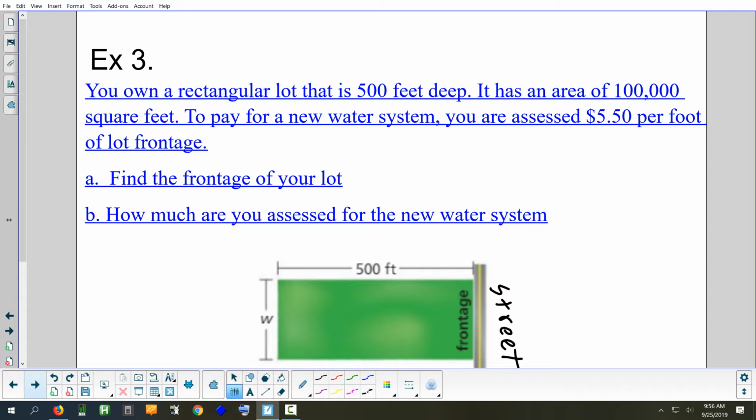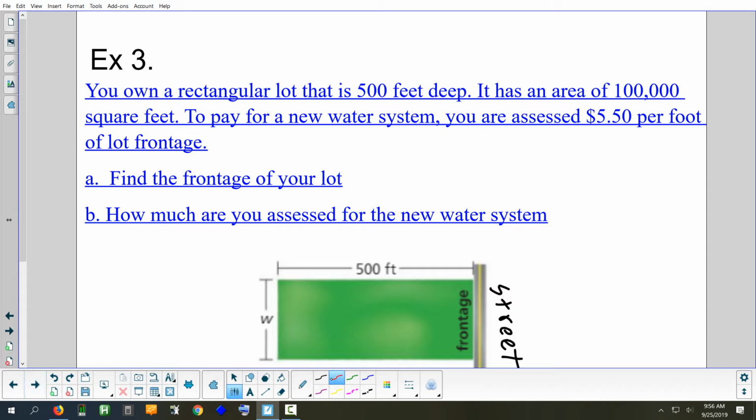Now, the area of this green, like the grass, is 100,000 square feet. Okay, that's the area of this yard. Now, it says that you have to pay for a new water system. The water system is basically a pipe that runs along the street.